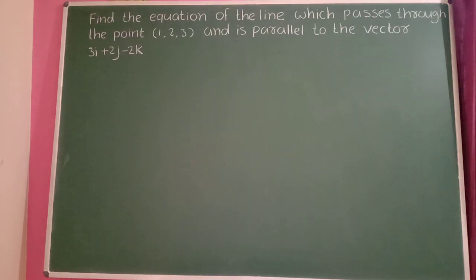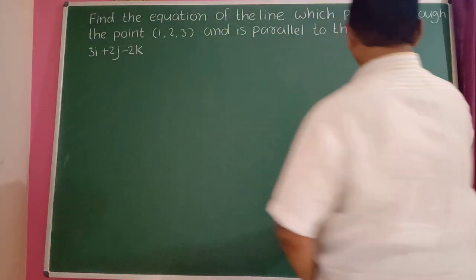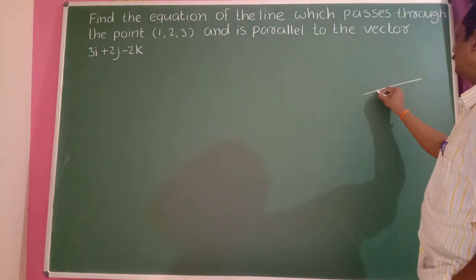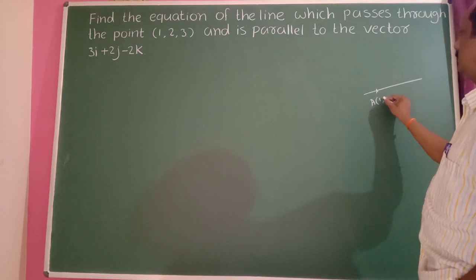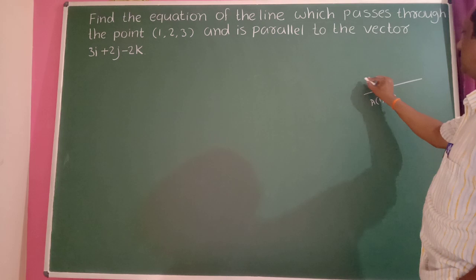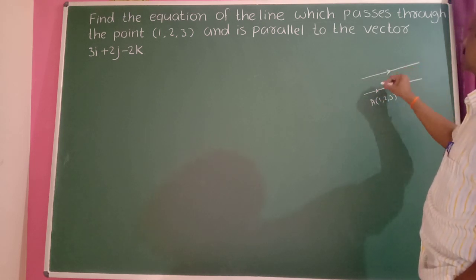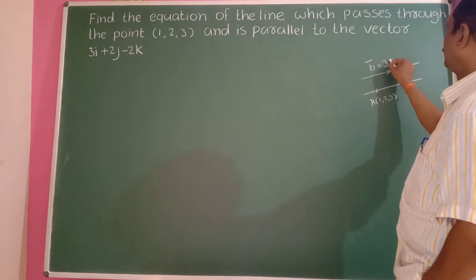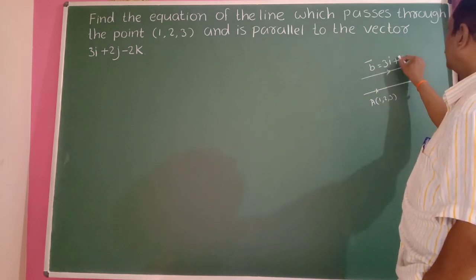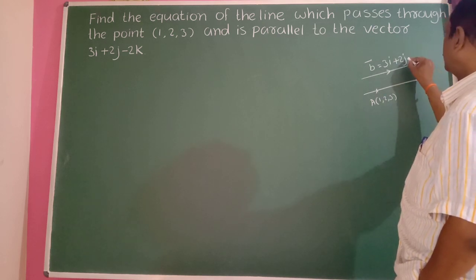In this case, they give one point and a vector. Find the equation of the line passing through the point (1, 2, 3) and parallel to the vector b bar equal to 3i plus 2j minus 2k.